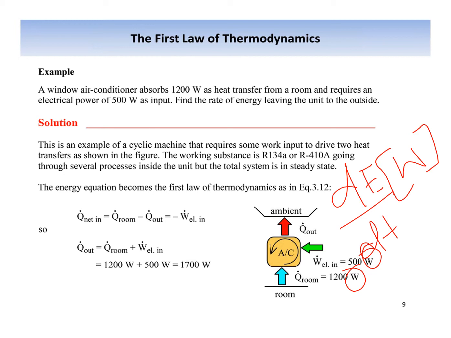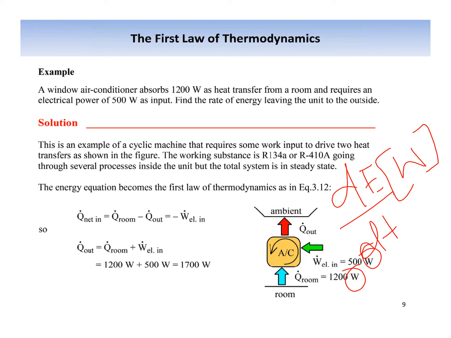So if we observe closely and apply the law of conservation of energy in the form of power, we will see that there are two energies per unit time flowing into the system and one leaving the system. 1200 joules per second and 500 joules per second flow into the system, and Q out dot is the rate of energy flowing out of the system.